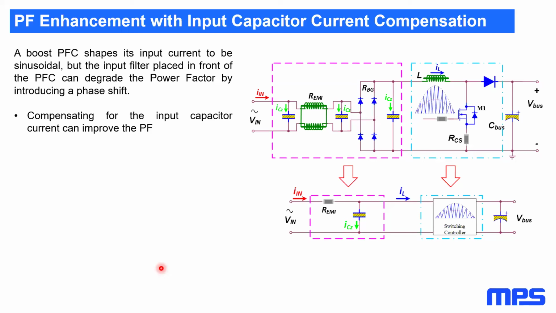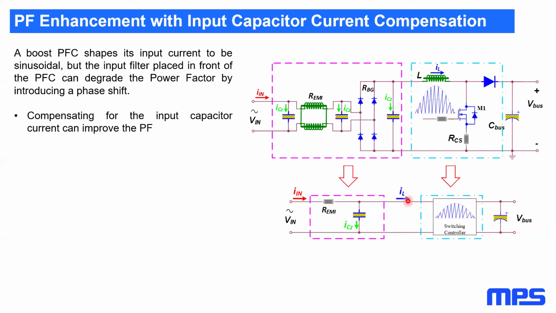Another drawback, let's say, which is caused by this input capacitor, but as well by the input EMI filter that's most likely in front of the bridge rectifier, is that the PFC stage controls its input current, but in front of this PFC stage, which has a perfectly sinusoidal current, we have these capacitors of the filter in which some current is also flowing.